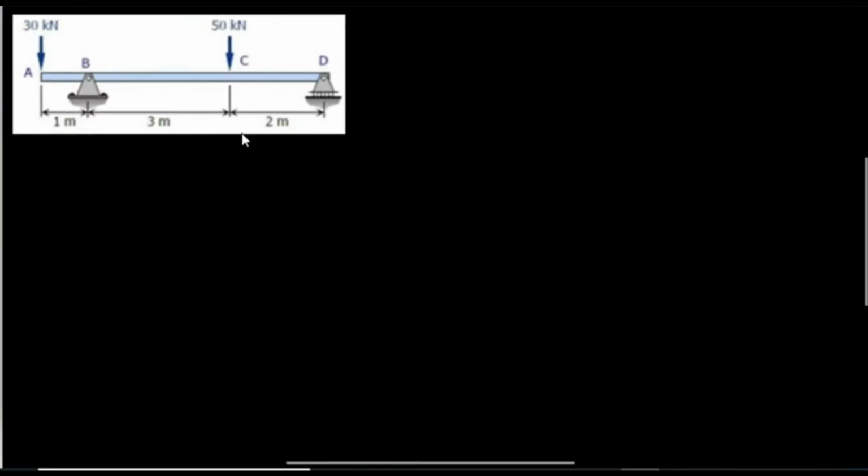So here's the diagram, and at point B, which is the support, we have a reaction designated as vertical, and this is RB, while at point D, which is a roller, the reaction along Y is RD, and we have also RBX.